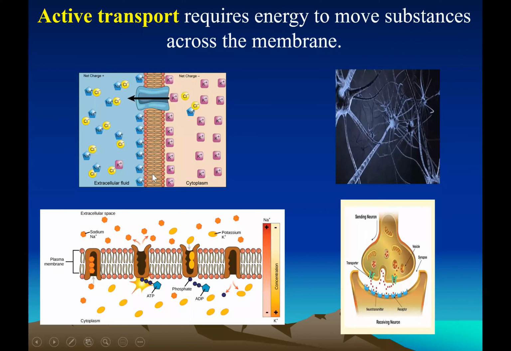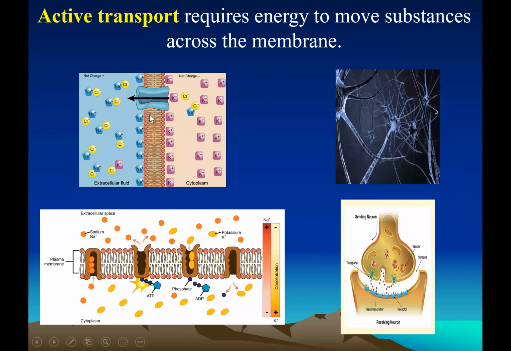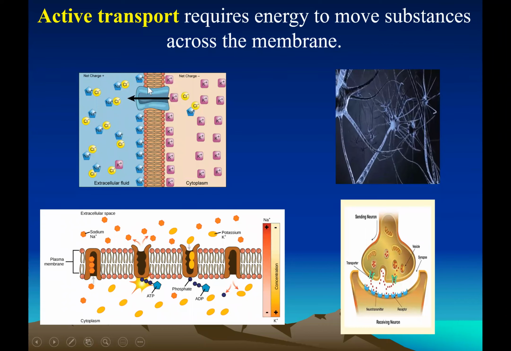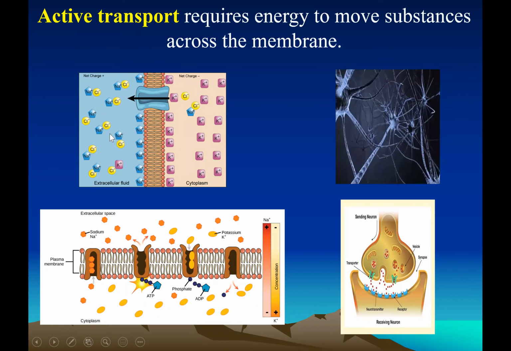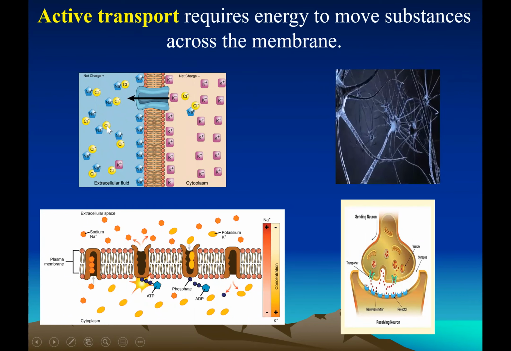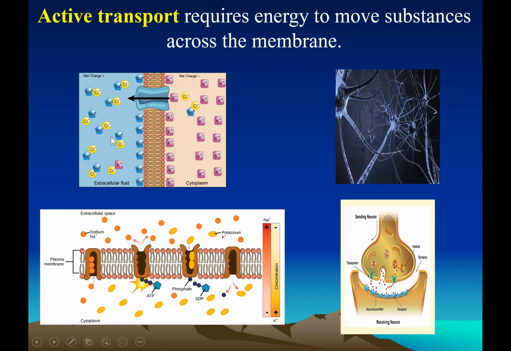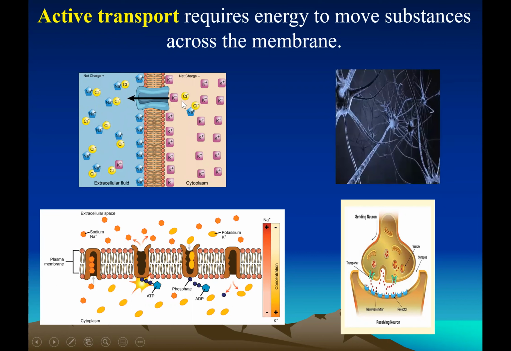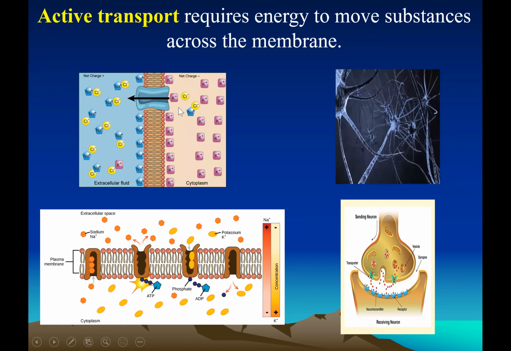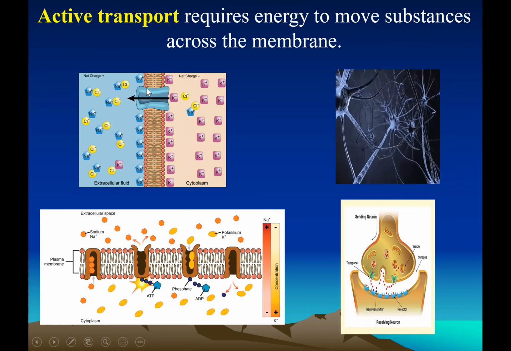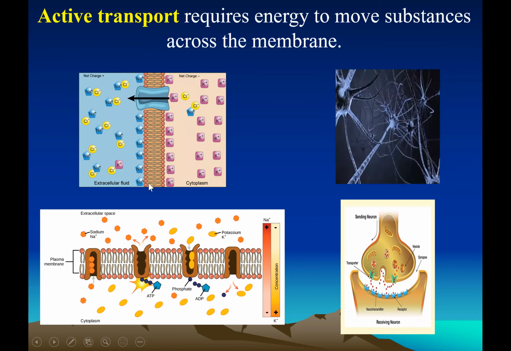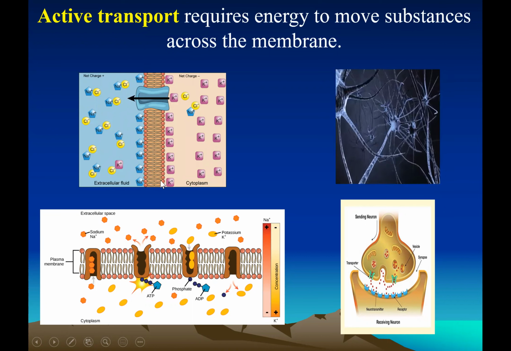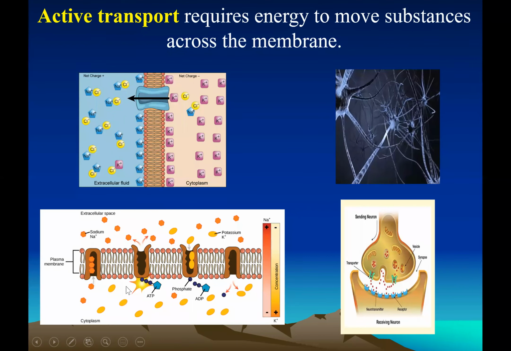Here in the cell membrane, we have a protein. Ideally, we want more sodium outside the cell. So the cell will pump out the sodium and keep the potassium inside in order to maintain the action potential, or the electric current, over the cell. For this to happen, it will use ATP.